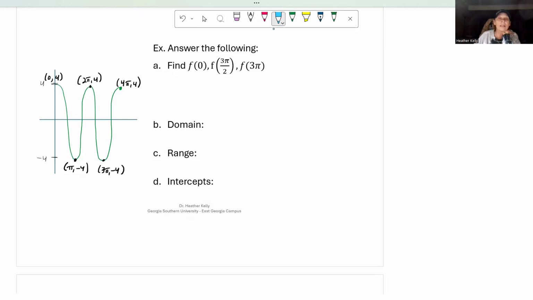The first question is find f of 0. So f of 0 is asking us to find what the value of y is when x is 0. When x is 0 right here, y is equal to 4. So f of 0 is equal to 4.